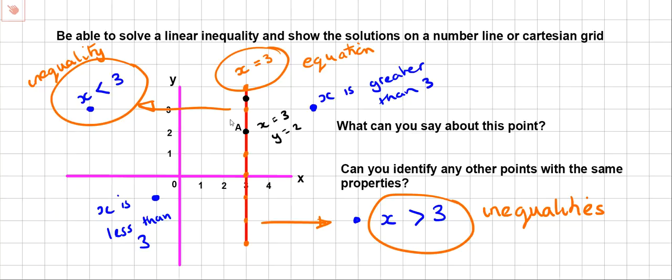I'm simply saying, if I split my Cartesian grid, did you pick up on the words Cartesian grid there? You know that's just a normal grid, yeah? I've just split it with a line down the middle, and then either side is less than or greater than. So we're just looking at finding that.